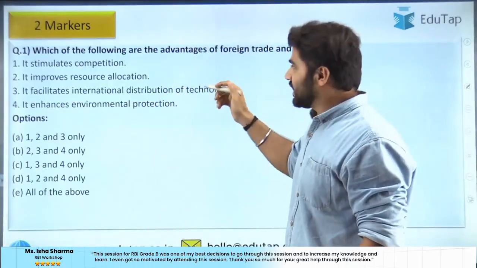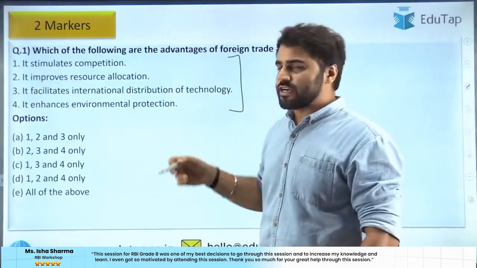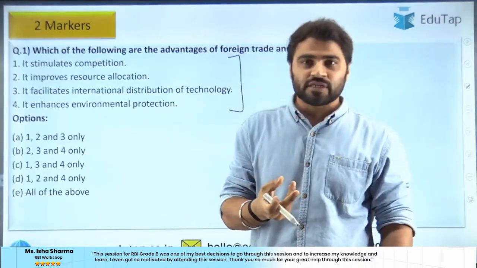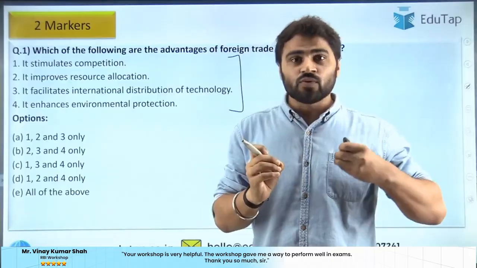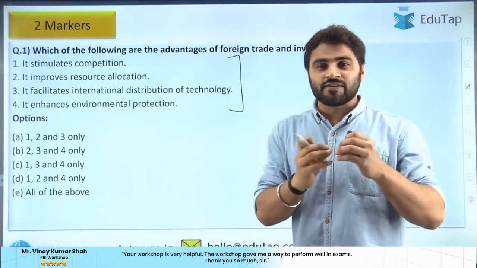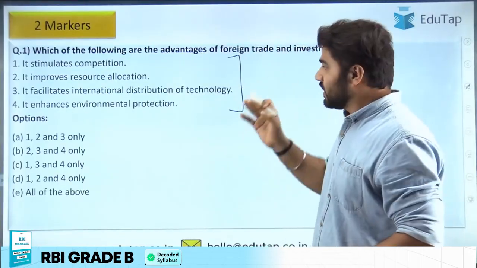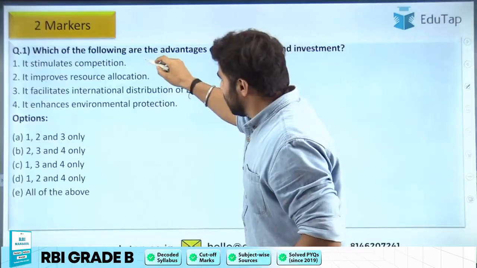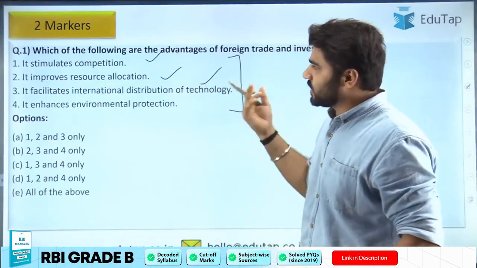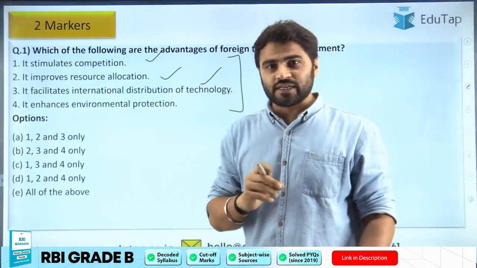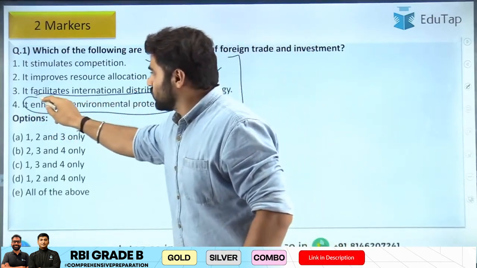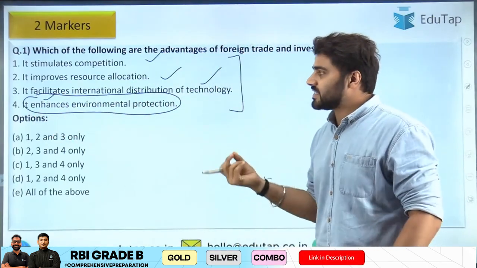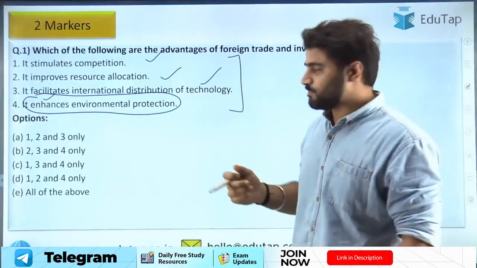So guys, as you all know, these kinds of questions often appear in the examination, and for these questions you do not need to apply logic. You do not need to go too deep into the question, otherwise you will definitely get the question wrong. Most aspirants might be clear about the first 3 statements. But most of you will also get confused with respect to the 4th statement, that is it enhances environmental protection, right?